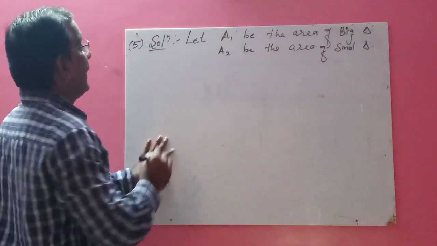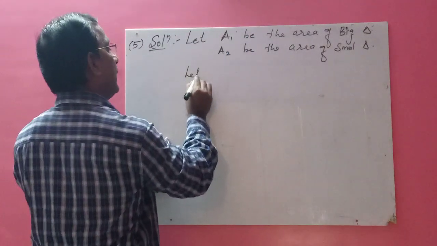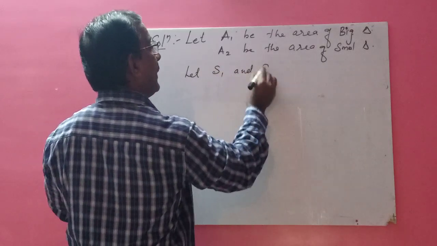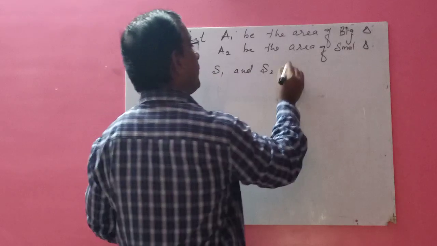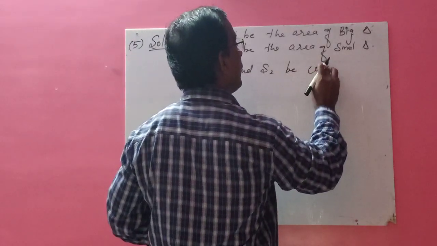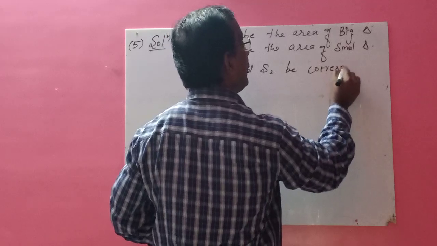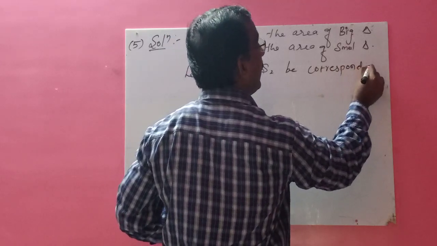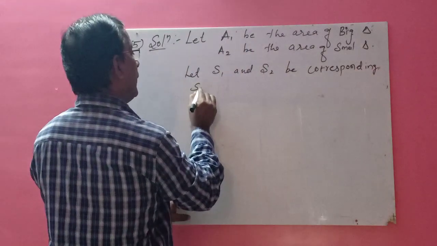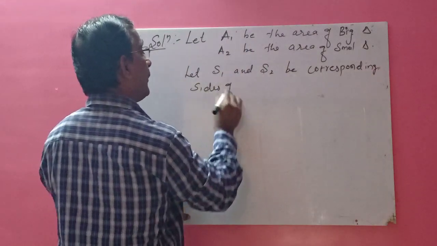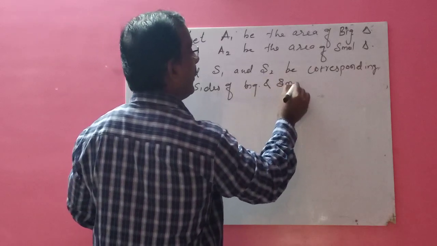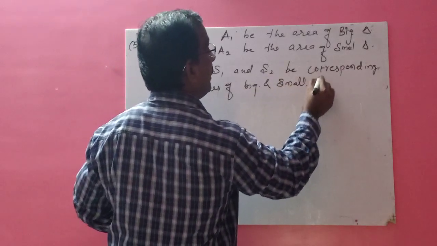Okay, same way, let S1 and S2 be the corresponding sides of bigger and smaller triangle.